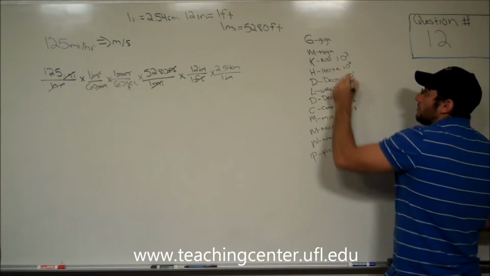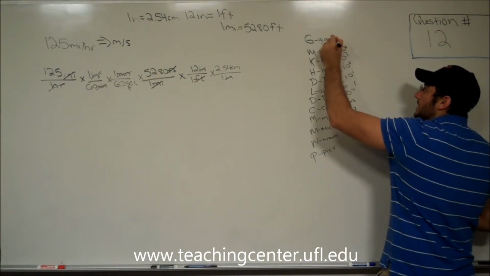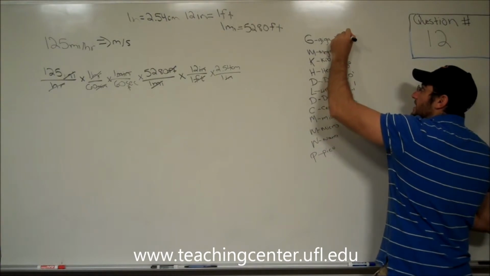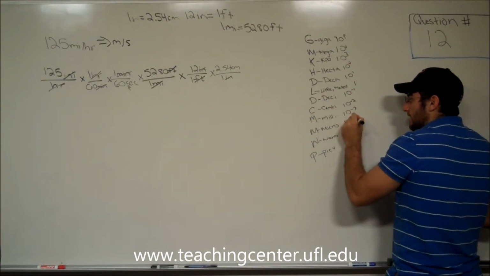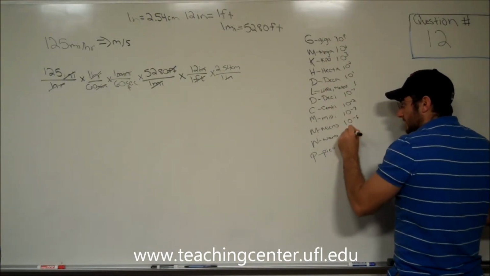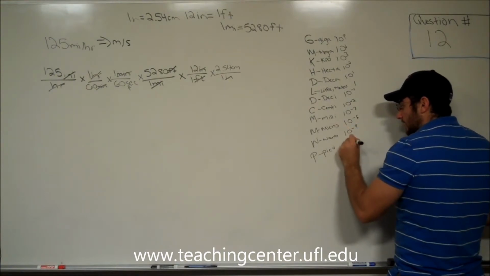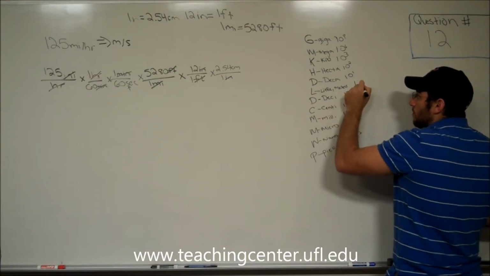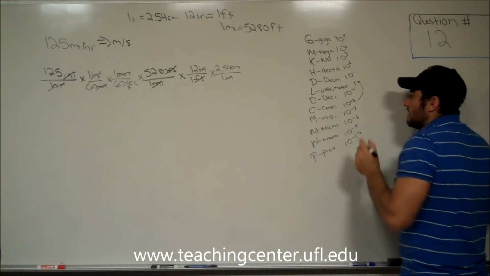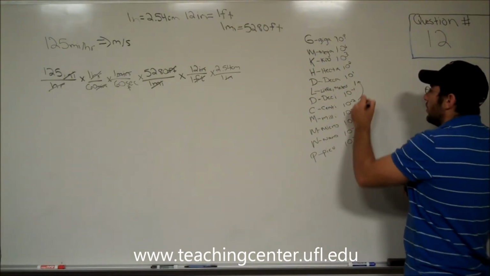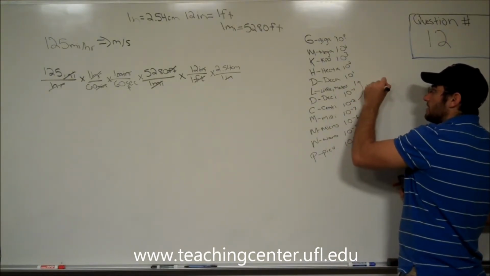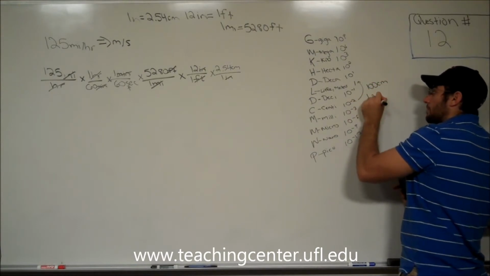Every time you get to 3, then it skips 3. So from 10 to the 3 to 10 to the 6 to 10 to the 9, and 10 to the minus 6, 10 to the minus 9, and 10 to the minus 12. So here, we're going from centimeters to meters. So there's 10 to the minus 2, or 100 centimeters in 1 meter.